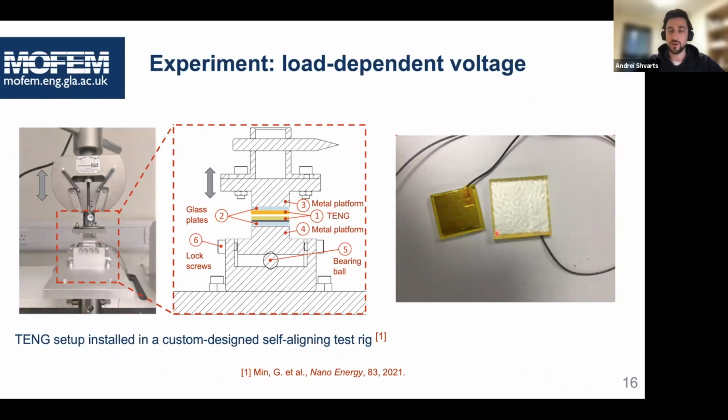And my colleagues, members of the experimental group, asked me if I can simulate this process and try to understand and explain, and maybe use the knowledge about the dependence of the performance of the devices, of voltage and current, on the roughness of the surfaces of those layers and the applied load.